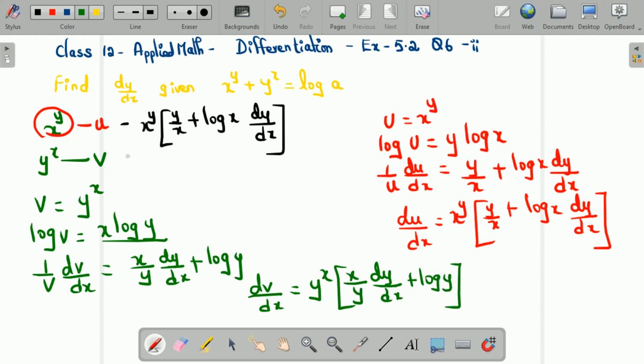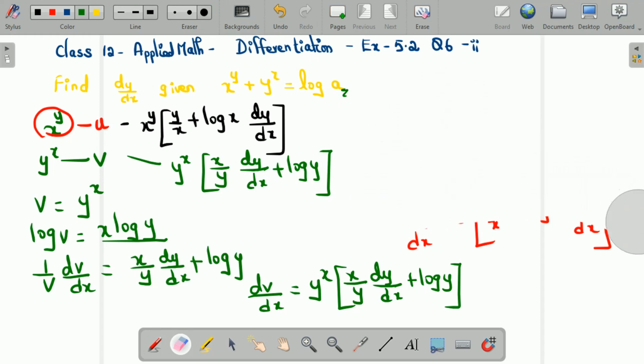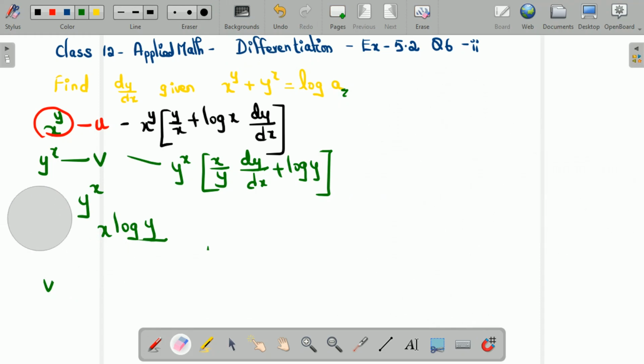Now we will write this out here. So this is y^x (x/y dy/dx + log y). Now the right side, if you differentiate, a is a constant. So when you differentiate log a, it is going to be equal to 0. So let's write whatever we have done in the equation form right now.